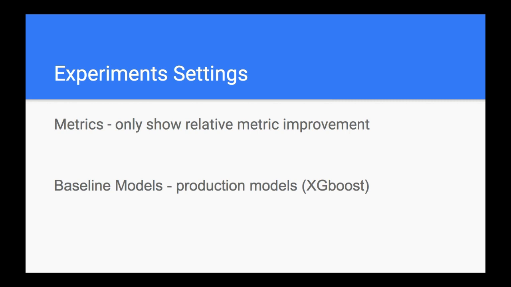And their baseline models are XGBoost for ranking. So it's basically their production setting. Before this paper, until maybe a month or 2 months ago, they used XGBoost to rank the linking documents.